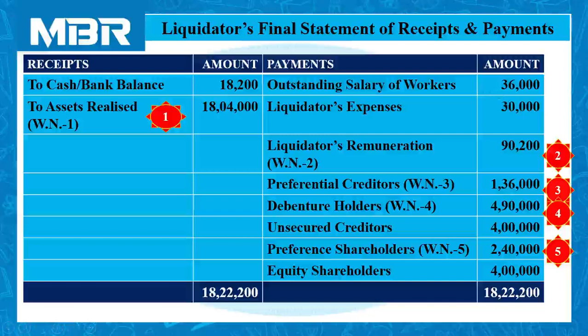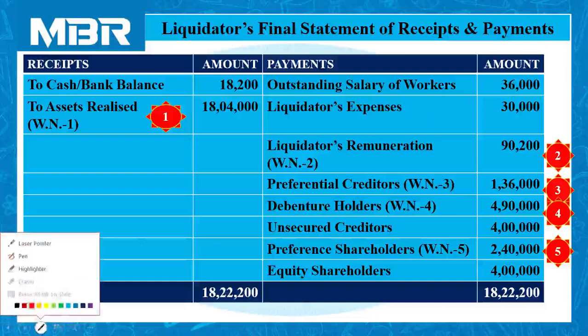Then second phase of payment, liquidator's expenses and liquidator's remuneration. As per the information supplied by the examiner in the given question, liquidator's expenses amounted to rupees 30,000. So we have inserted the figure of rupees 30,000 over here. Liquidator's expenses rupees 30,000.